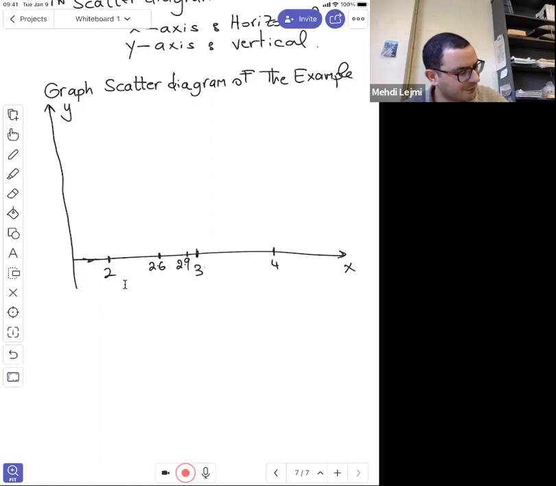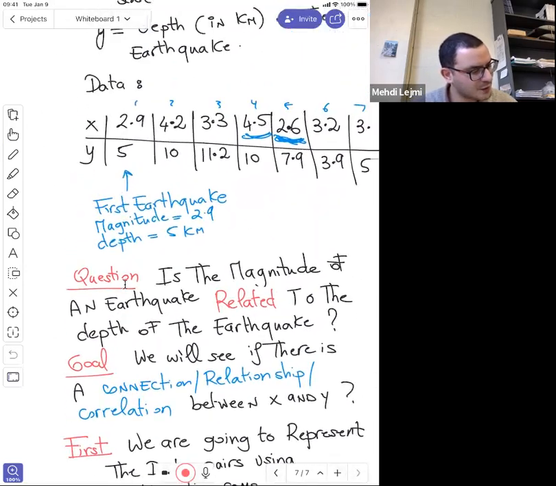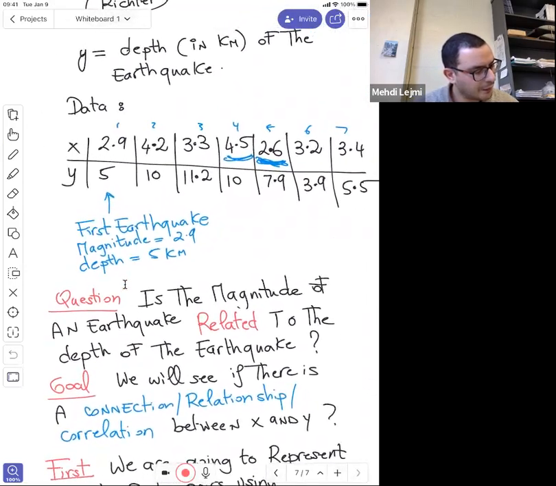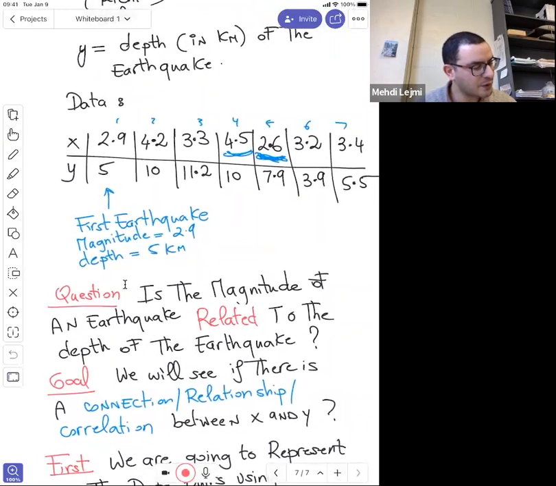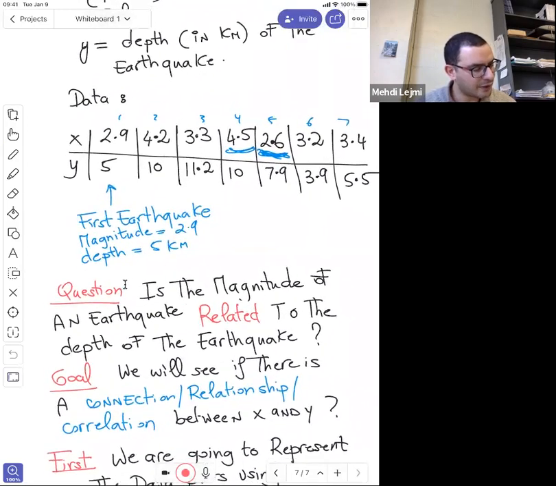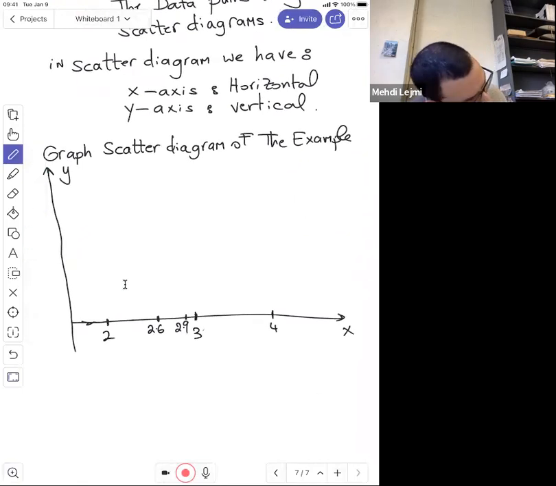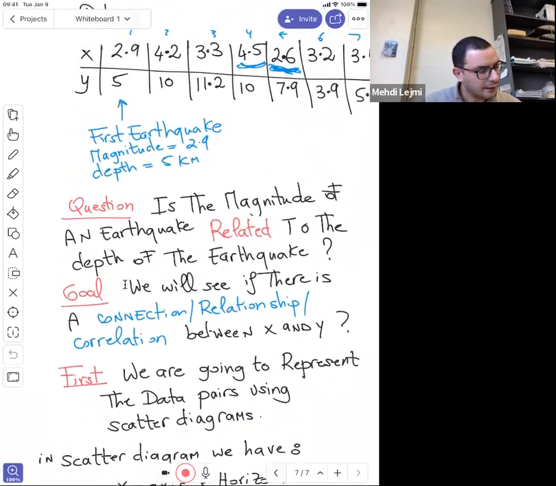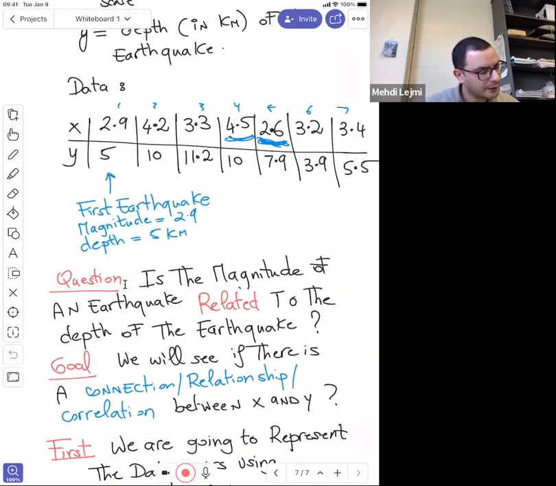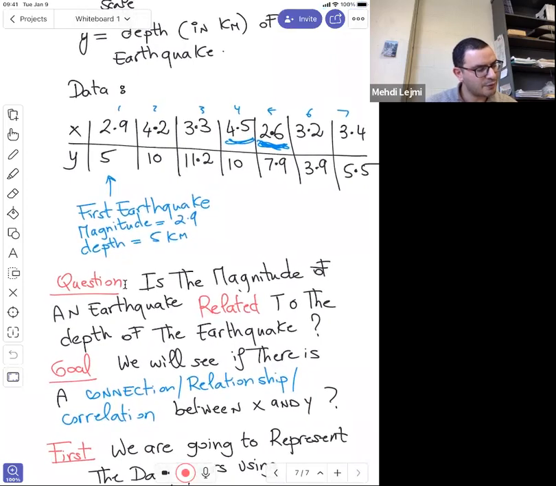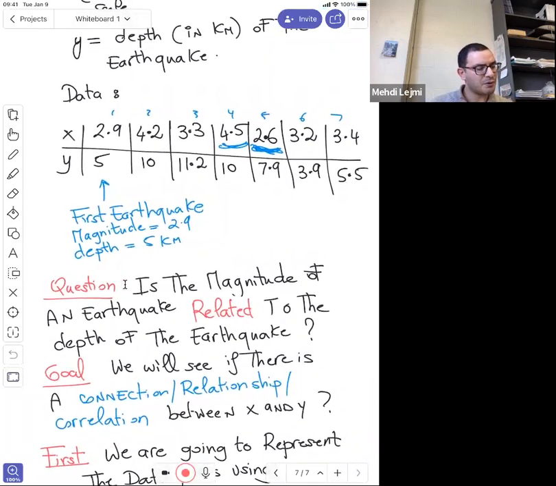Then the next values of x are 3.2, 3.3, and 3.4.